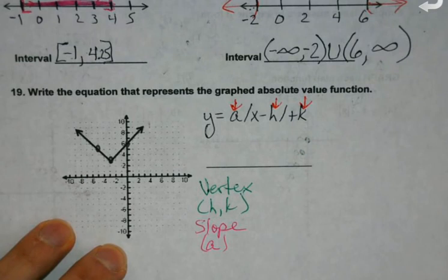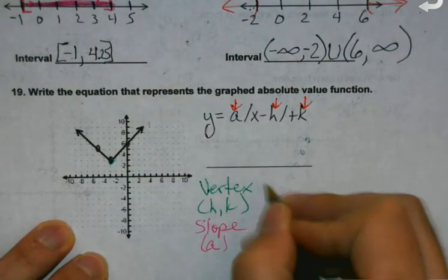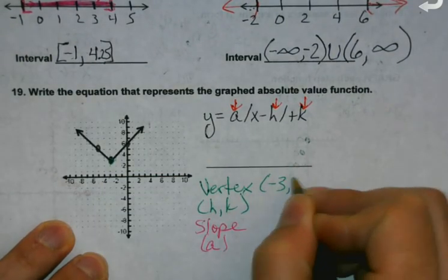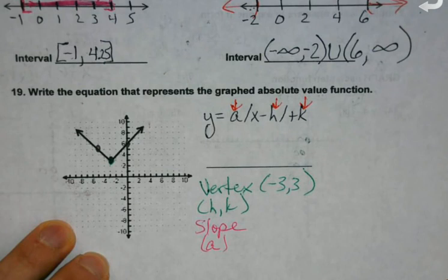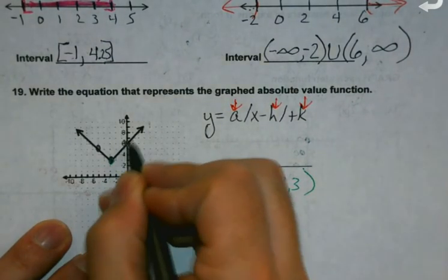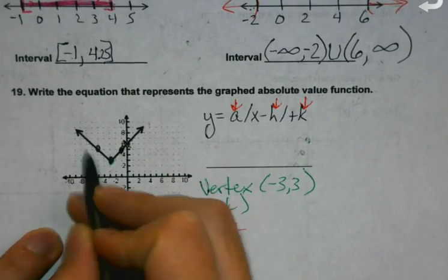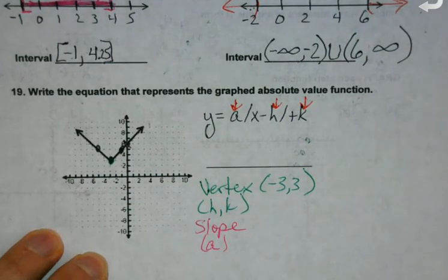Where is my vertex located for this particular graph? -3, 3. Now, slope, I hate this one with a passion because that dot shouldn't be there. It should be here. So no matter which one I'm counting to, remember, this graph opens up, so is it going to be a positive or negative slope?